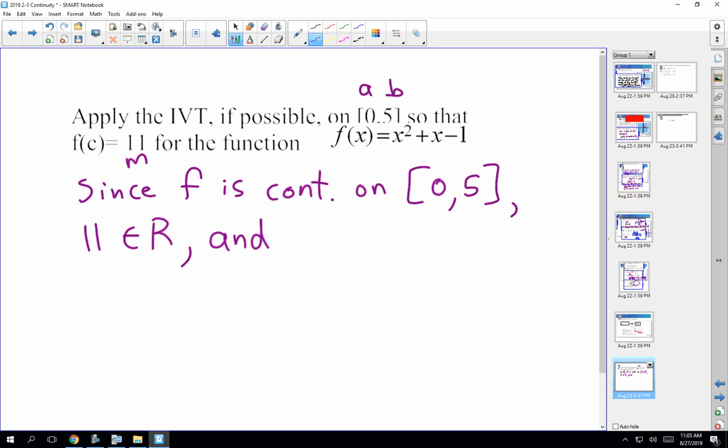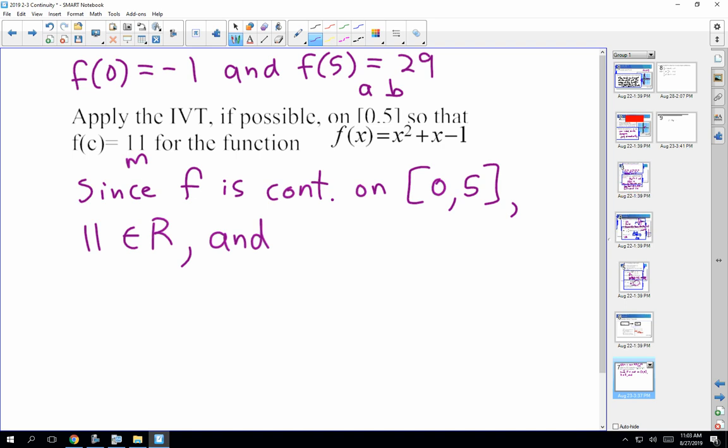So let's do a quick calculation off to the side here. f of 0 equals what? Plug 0 in here, you get -1. And f of 5 equals, a little harder, 25 plus 5, 30, minus 1, 29. So here's what we have.